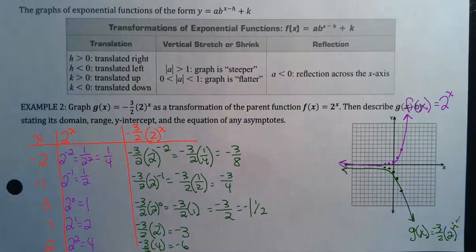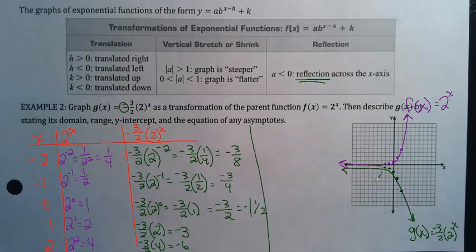Okay, so then describe g of x by stating its domain, range, y-intercept, and the equation of any asymptotes. Okay, so you'll notice, right, that we had a negative number here. This negative number meant it was a reflection, which we see that it did, it reflected.